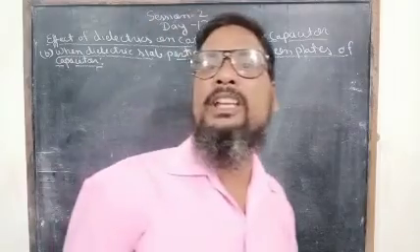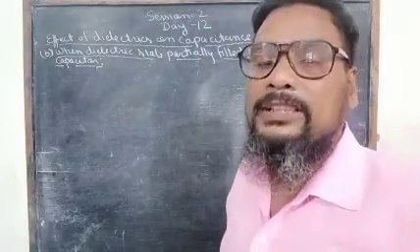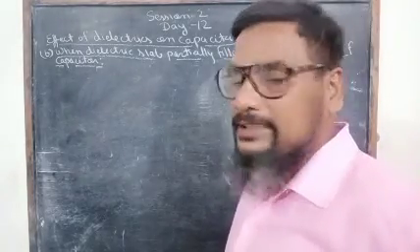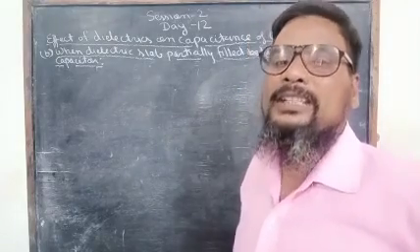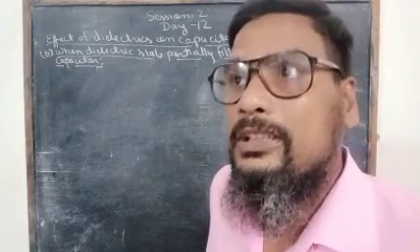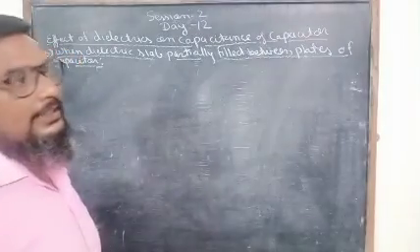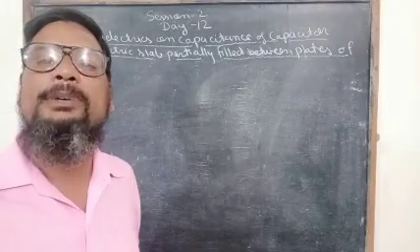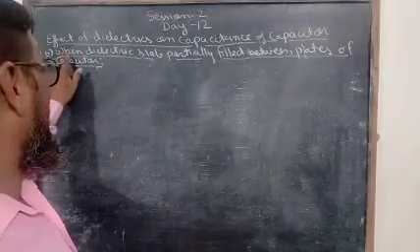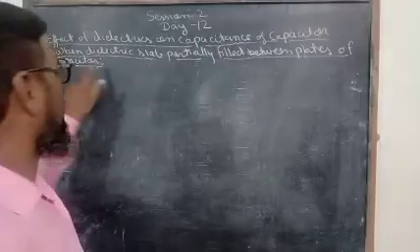In the previous lecture we discussed the case when a dielectric substance completely fills the space between the plates, and in that case the capacitance is increased by K times its capacitance with vacuum. So on introducing the dielectric substance between the plates, the capacitance becomes K times its previous value. And now we shall discuss when a dielectric slab partially fills the space between the plates of a capacitor.